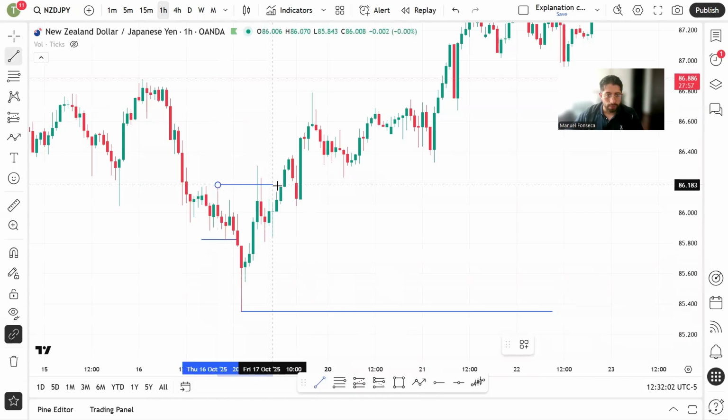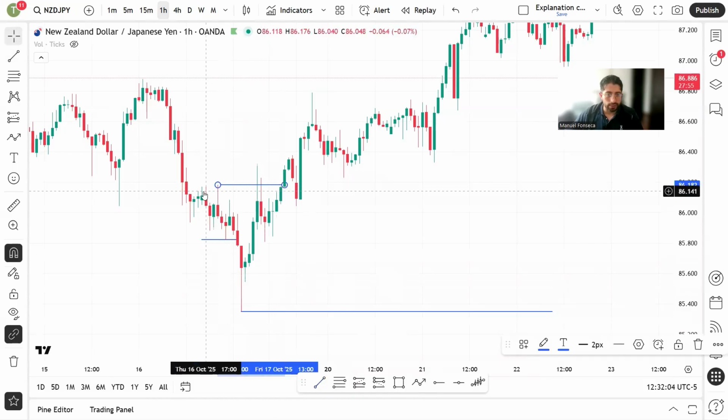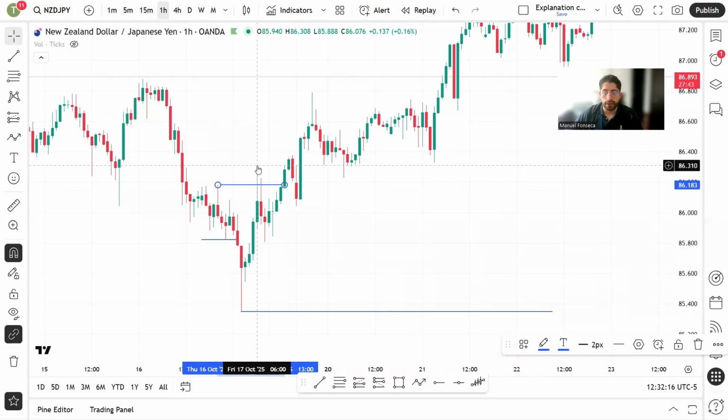From this, we're gonna trace this line. For the moment, this break of this high with this candle wick is not considered a break of structure because it's just a liquidity taking. So it's just taking the people who are selling here. But then we wait for a moment and then we see a break of structure with a body of the candle.